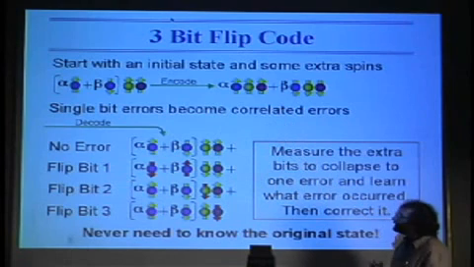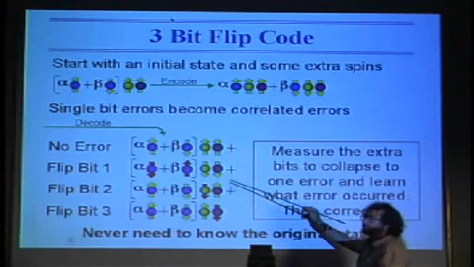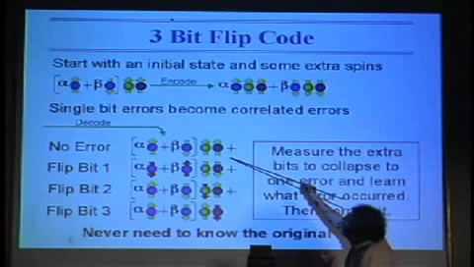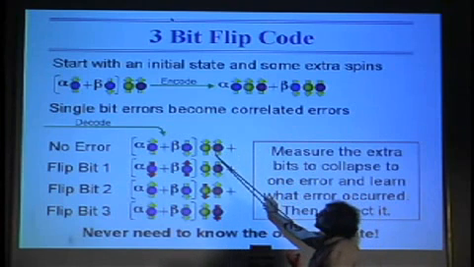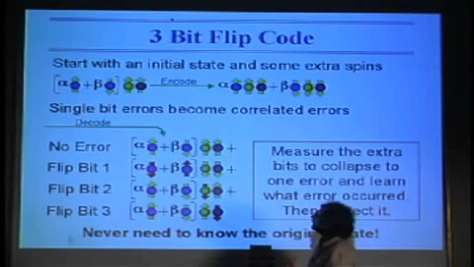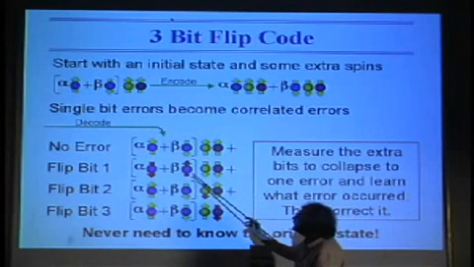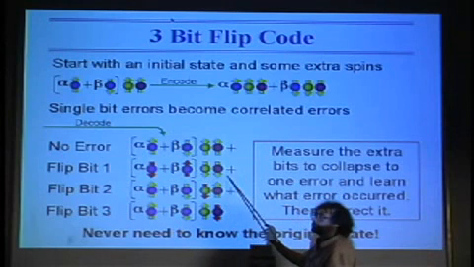And so at the end of this decoding step, we find these are the states of the system. If there was no error in the system, both of the ancilla are pointing up, and of course the spin is returned in the state it started off with. If the first spin flipped, well, the first spin was still flipped, but both of the ancilla are pointing down.